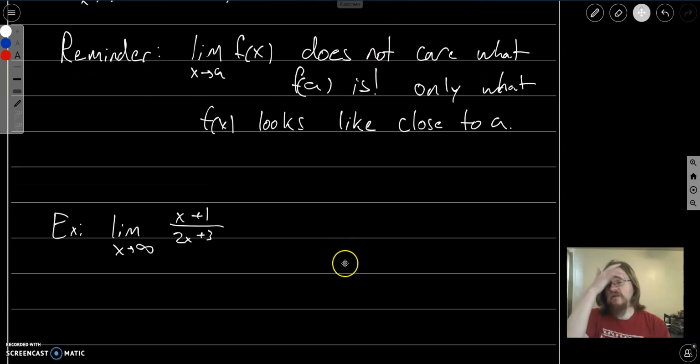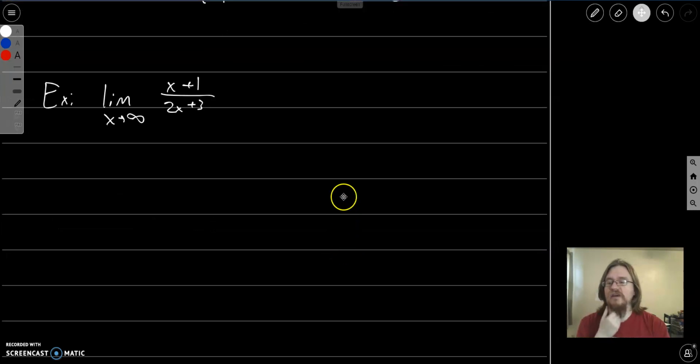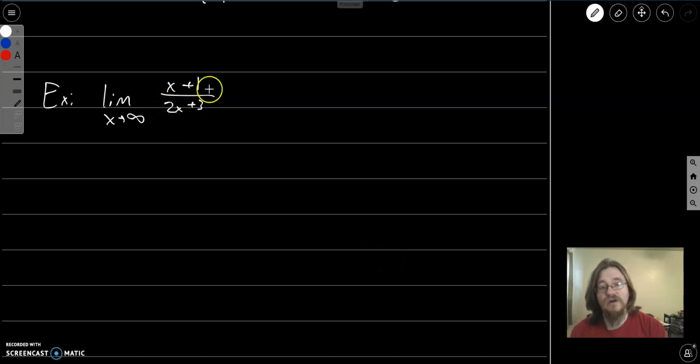So that's enough about these sorts of limits. I want to do another couple of limits where we look at another phenomenon. So here, I have the limit as x approaches infinity of x plus 1 over 2x plus 3. And right away, I go, this is a rational function, right? Let me just plug in my limit. So I'll take infinity plus 1 over 2 times infinity plus 3.